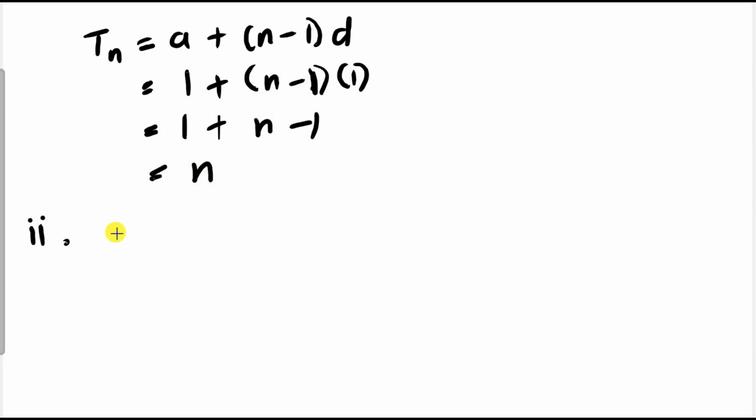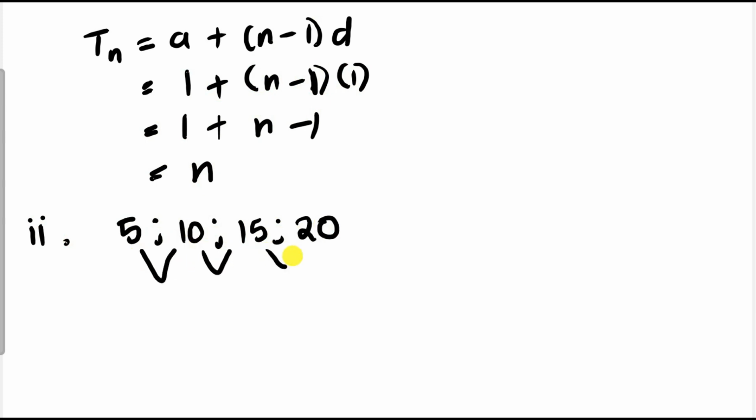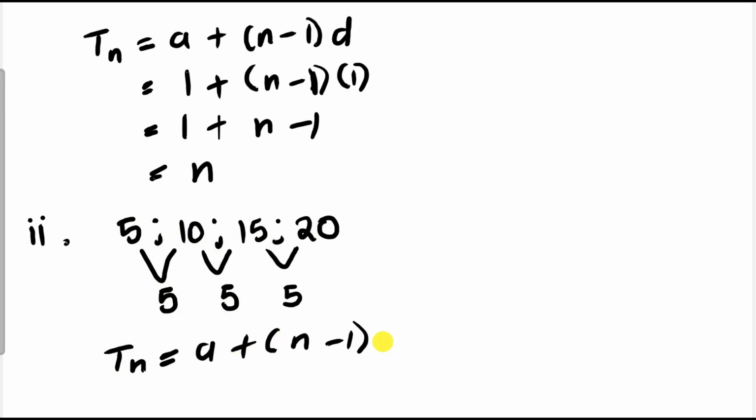We had 5, 10, 15, 20. Let's see. 10 minus 5 is 5. 15 minus 10 is 5. 20 minus 15 is 5. Therefore, Tn equals a plus (n minus 1) times d.